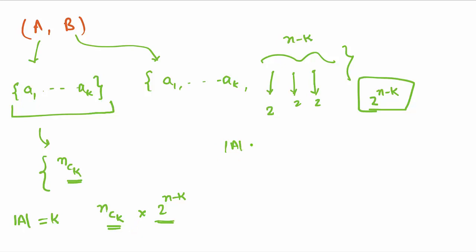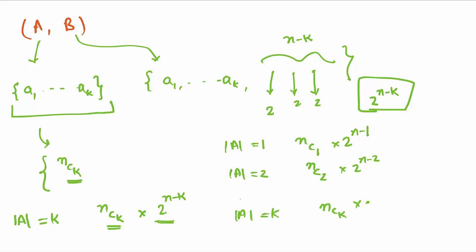See, we have seen that if cardinality of A is 1, then we have NC1 choices for A and 2 power n minus 1 choices for B. If cardinality of A is 2, then we have NC2 choices for A and 2 power n minus 2 choices for B. Similarly, if cardinality of A is k, then we have NCk choices for A and 2 power n minus k choices for B, right? And this cardinality of A could be n also, right? Then we have NCn, that is 1, only one choice for A, and 2 power n minus n.